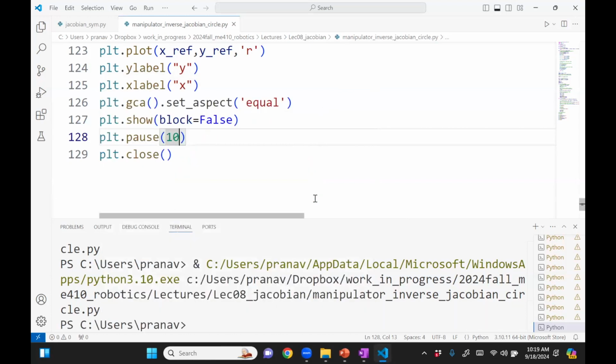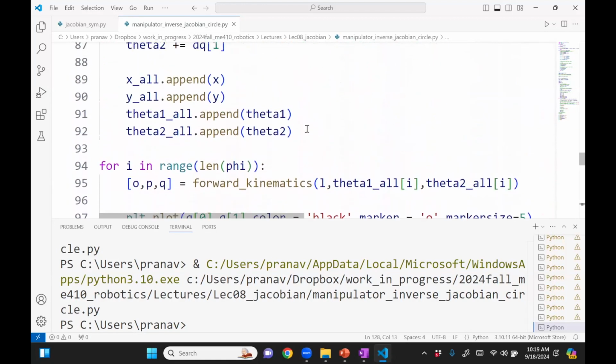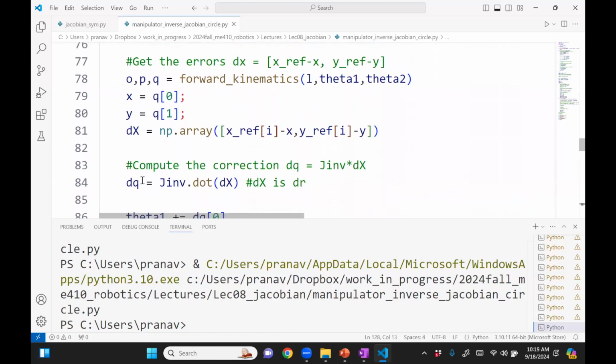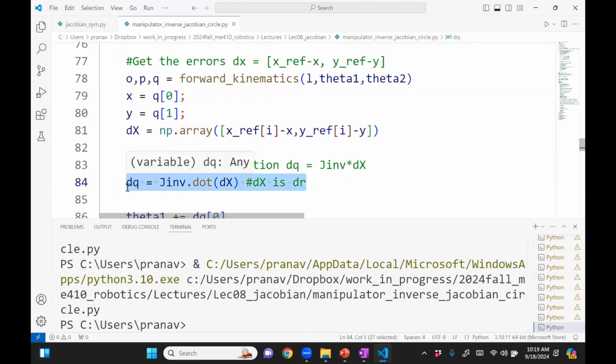It's actually stopping short of the complete circle, and that's because what happens here is I don't do any error correction. So I basically use this formula to figure out dq, but the dx may not be equal to 0, because just using that formula doesn't ensure that dx is 0. Ideally, I would like to have dx 0 at every point, right? Because dx is basically giving you the error. So one way of fixing this, and I've not done this here, is to keep doing this particular update a few more times till dx is close to 0.